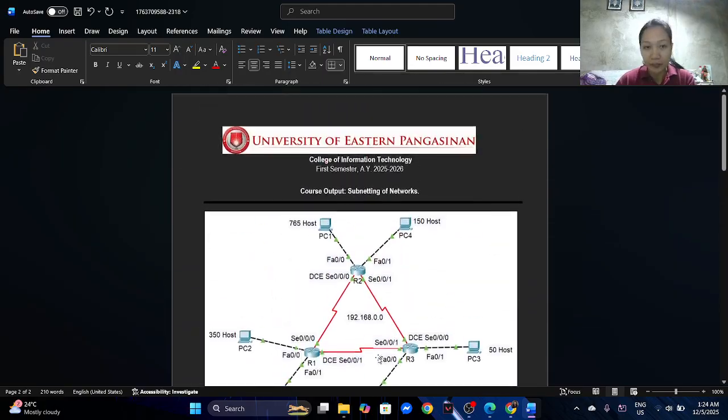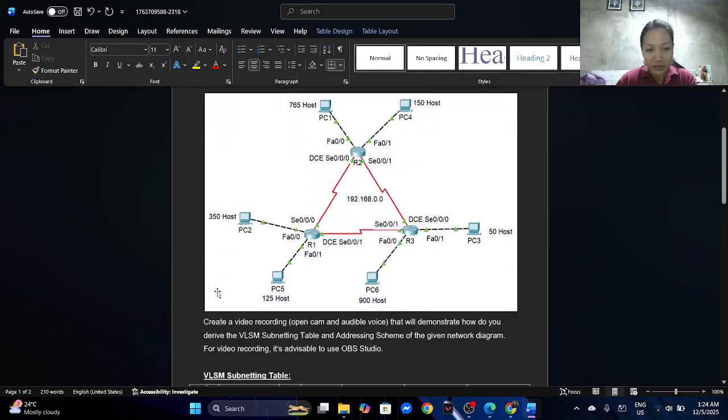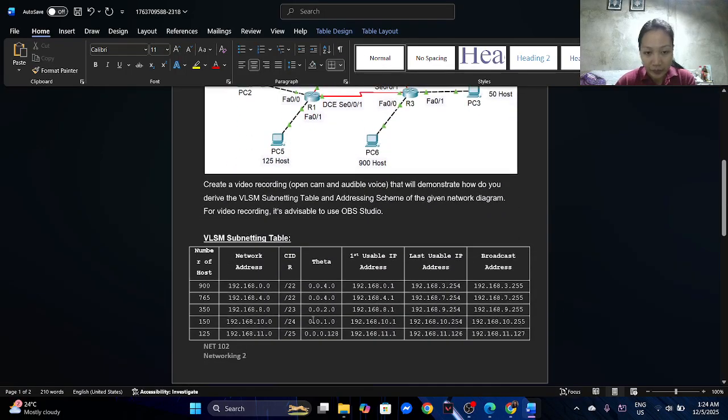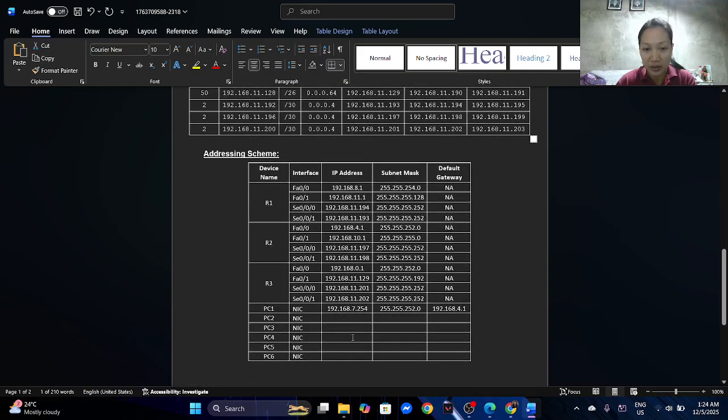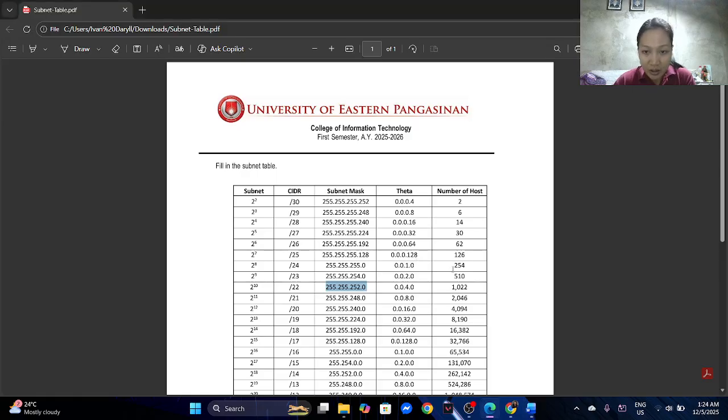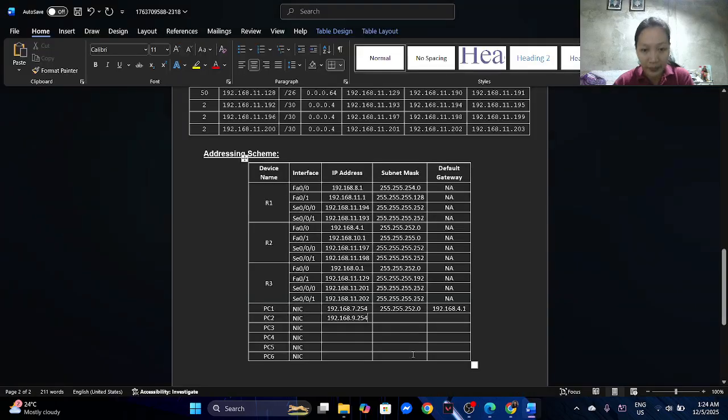PC2 is host 350. So the last usable IP would be the IP address, 192.168.9.254. Host 350 is CIDR /23, so the subnet mask is 255.255.254.0.